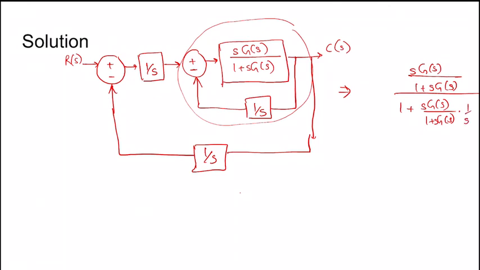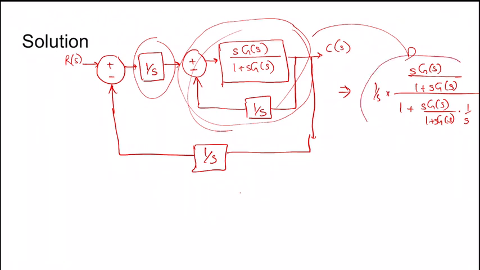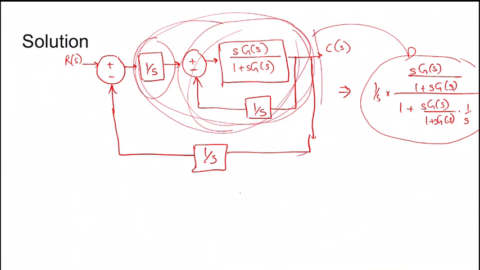And once you find this and this, you cascade it with 1/s. So 1/s becomes multiplied with that. So this overall system is in feedback with 1/s.